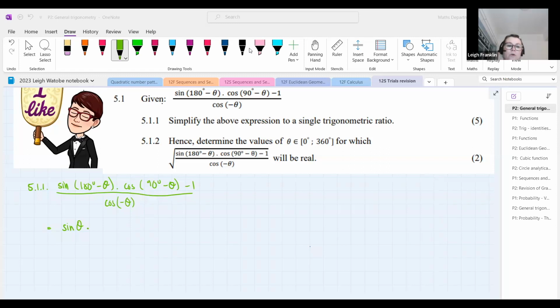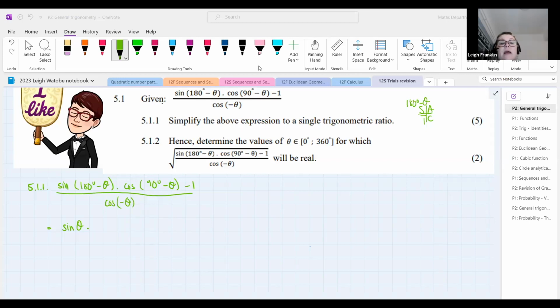So in the second quadrant, sine theta is going to be positive. So no, it's not negative. Think about your CAST diagram. This quadrant over here, the second quadrant, is 180 minus theta.